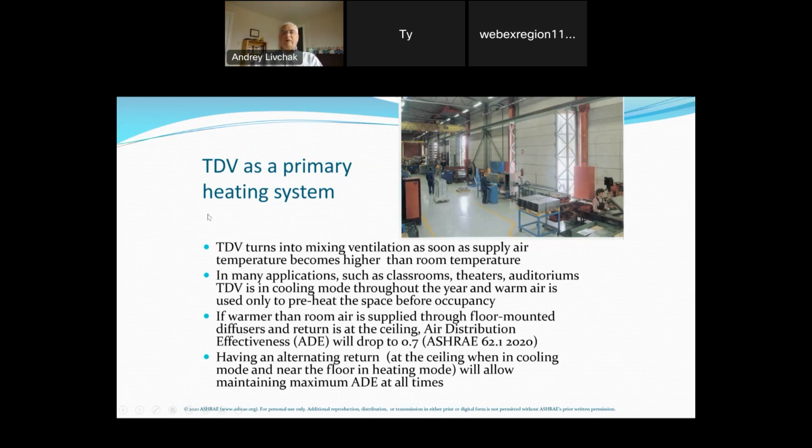And we found that we need to use about the same supply temperature whether we use a mixing system or displacement diffusers. So it worked in the same way as a mixing system as far as efficiency. But again, it's not displacement ventilation anymore. When you start supplying warm air through these displacement diffusers, it works in mixing mode.